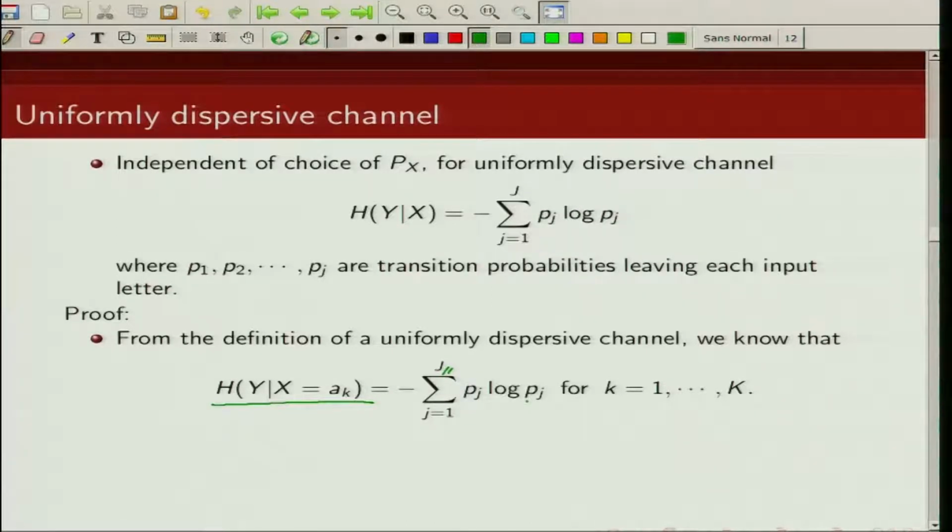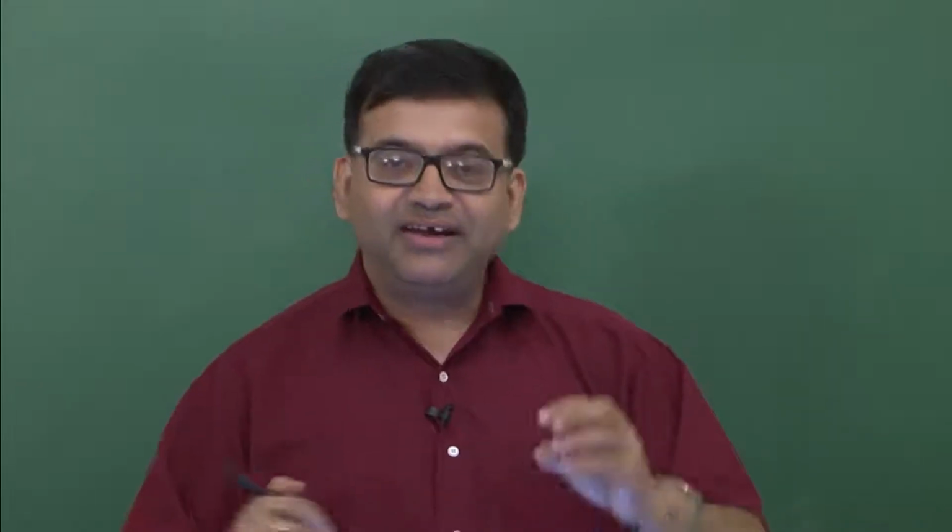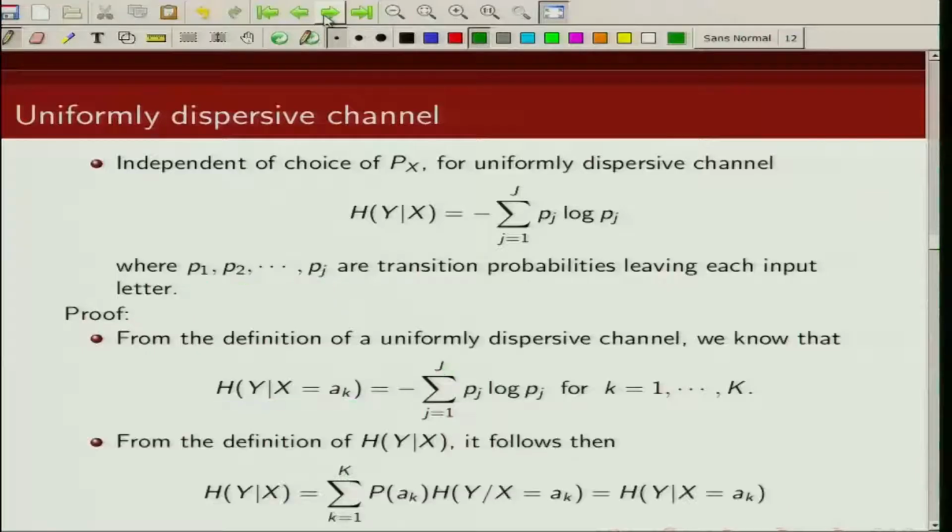Now, we know that these transitions P1, P2, P3, up to Pj, when arranged in descending order, are the same no matter what input you consider. So, from the definition of the conditional entropy of y given x, we can write this as this.